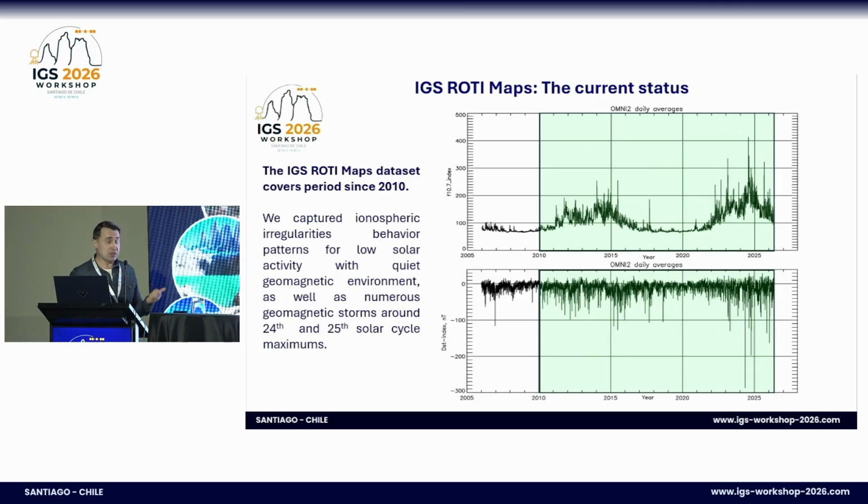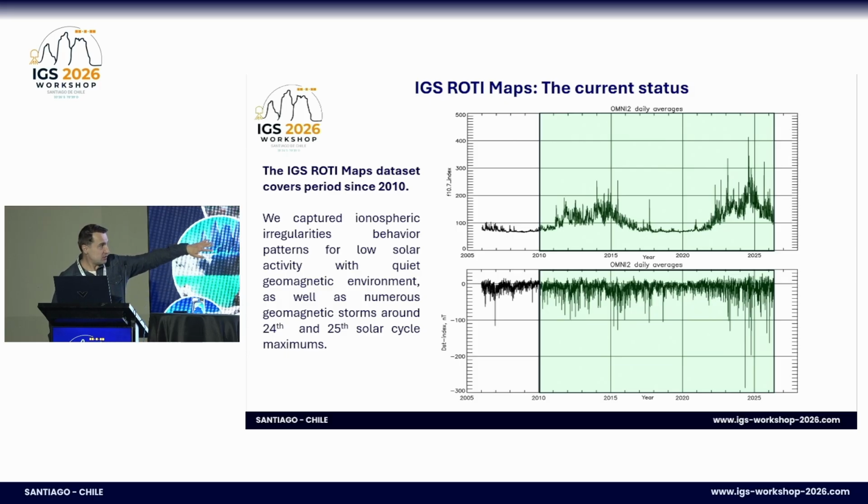As I mentioned, development started in 2012, and currently the core of our product covers more than two solar activity cycles. In IGS and in NASA CDDIS, we have data from 2010, and here you can see the evolution of the solar cycle and of geomagnetic activity.